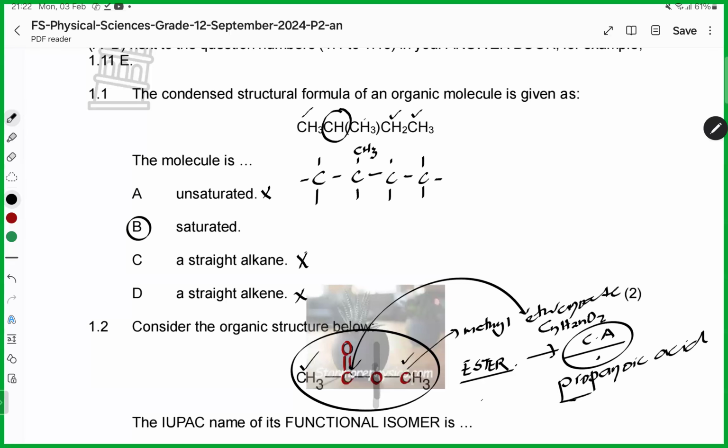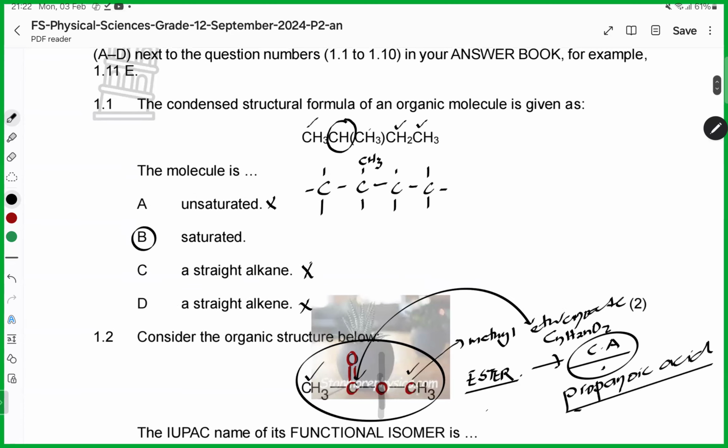Why do I say there won't be any branches here or any side chains here? Anyone? Why is there no side chains there?